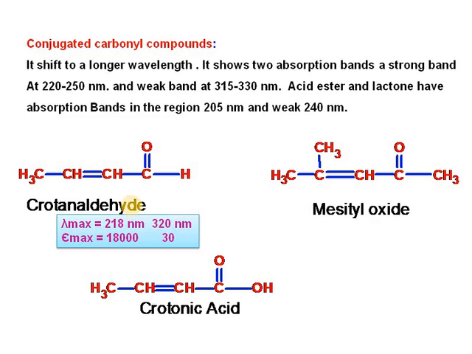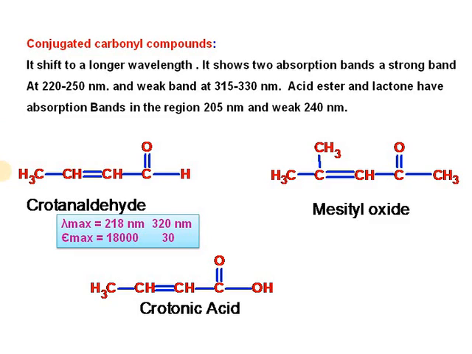These values are shown by alpha, beta unsaturated aldehydes. They have absorption bands in the region of about 218 to 320 nanometers due to the conjugated dienes. It shows higher values, right?